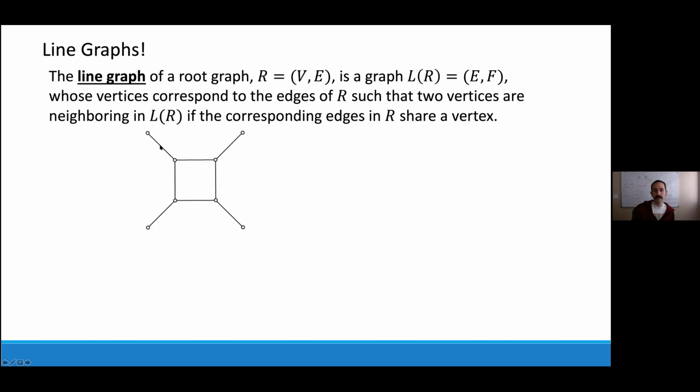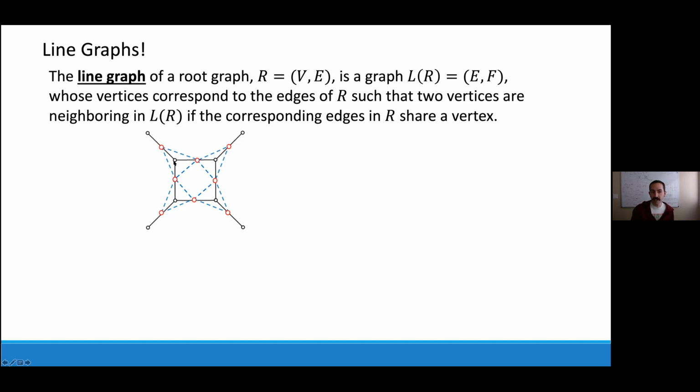What that means is I'm going to associate vertices to these edges, and then connect those when the edges are incident on the same vertex. Here's an edge in the root graph, and here's another edge in the root graph. They are incident on the same vertex, this vertex. So I put a vertex here, and I draw an edge between them. Then I repeat for every edge.